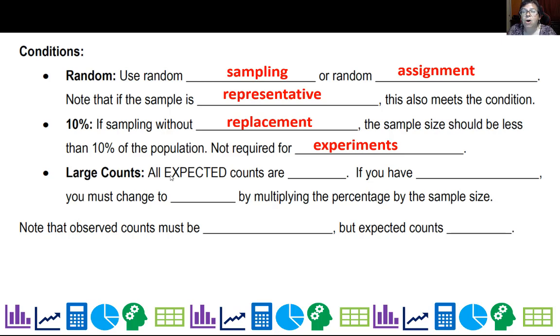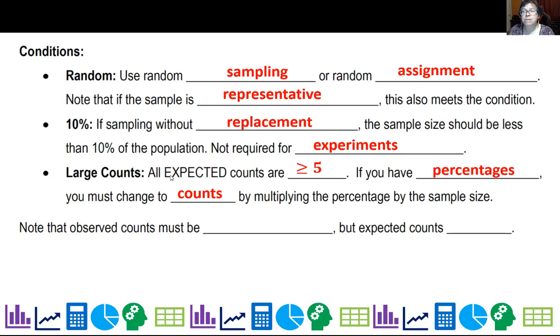Large counts means all expected counts, not observed. You can have 0 observed counts, but all expected counts must be greater than or equal to 5. If you have percentages, you need to go ahead and apply those to get your expected counts. If you have percentages for the observations, you need to change those to counts.